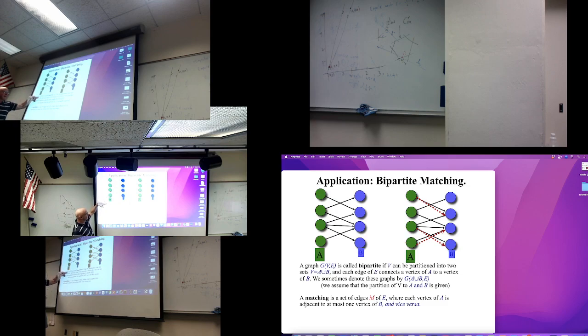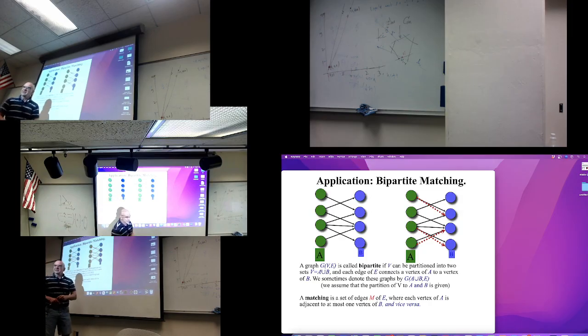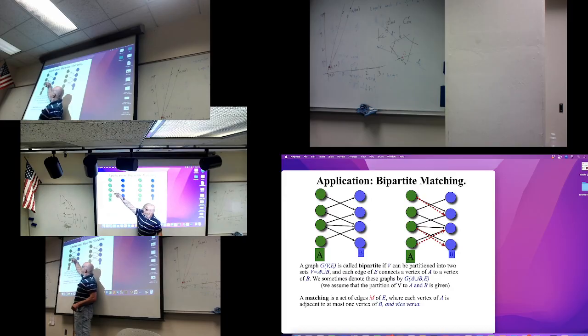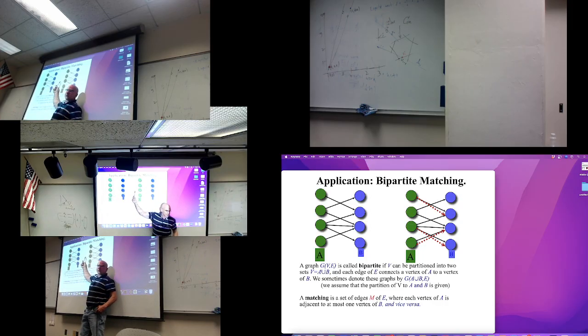I have a graph. It's bipartite because every edge connects one vertex of A to one vertex of B. Let's say every edge of this graph could be an assignment of an instructor to a subject. I want every subject to be taught by a single instructor and every instructor to teach only a single course.